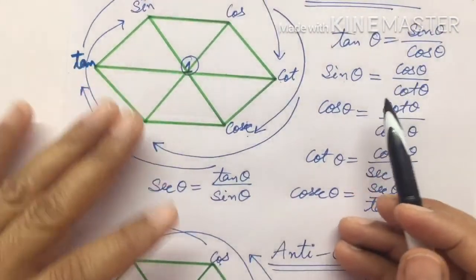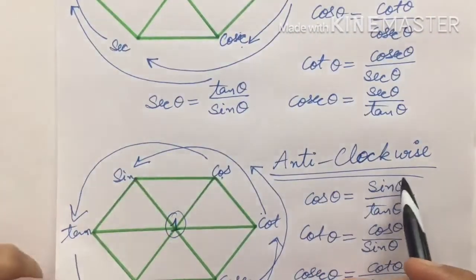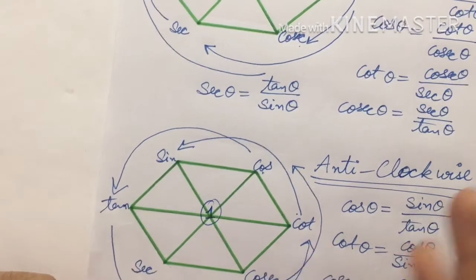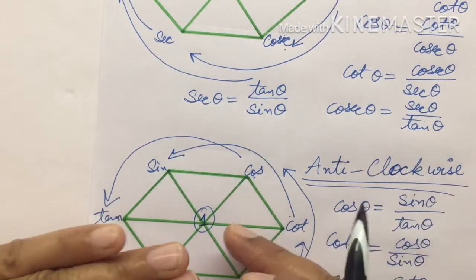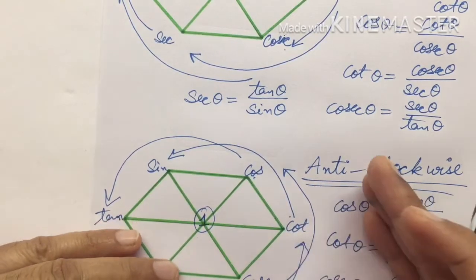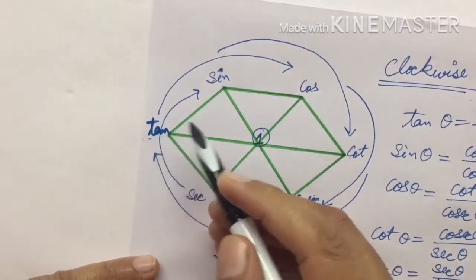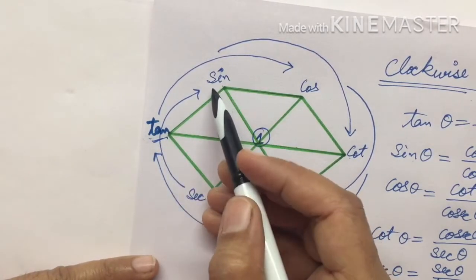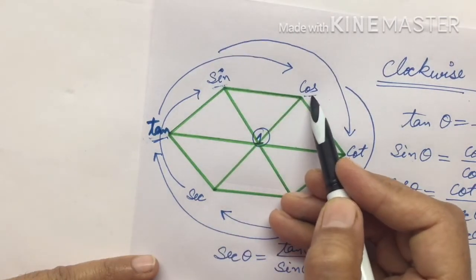Two important things are here: if we move clockwise and if we move anti-clockwise. But you have to remember in both cases, clockwise and anti-clockwise, that the first thing is equal to the second by third. Means if we are starting from tan, then it is equal to the second function by the third function.